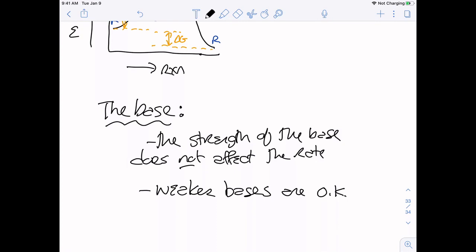So something like water, alcohols, these guys are going to favor E1 versus E2. We'll throw a substitution in later.